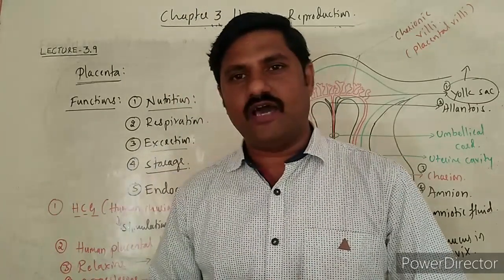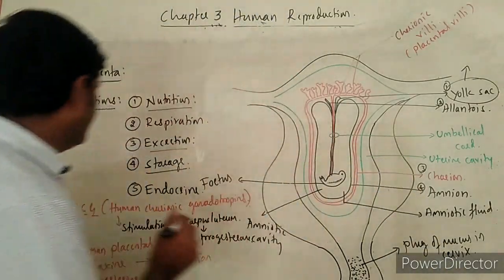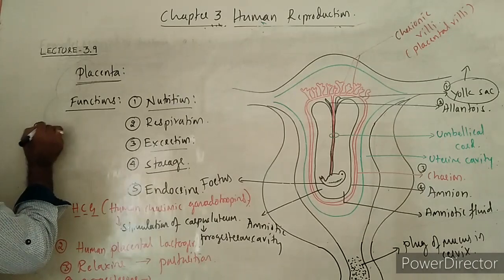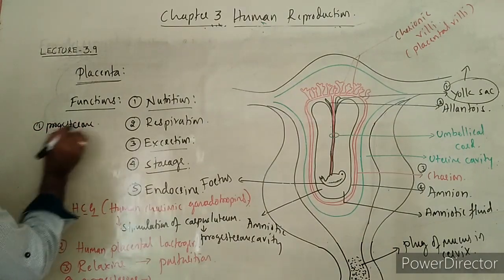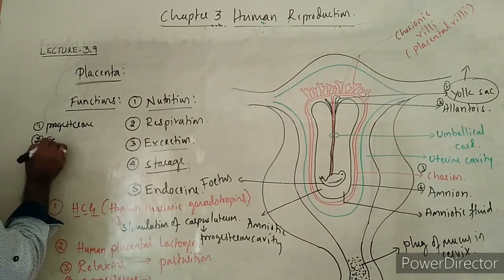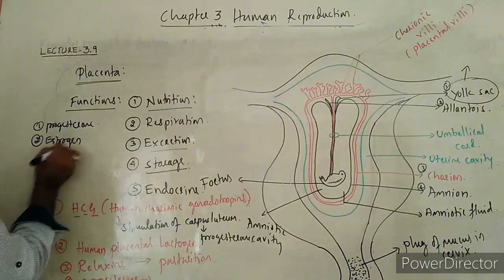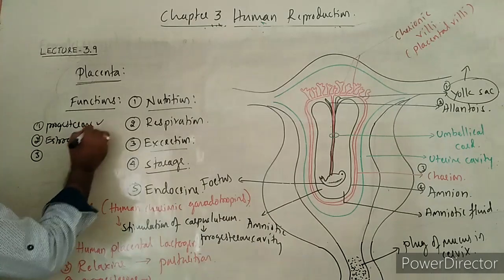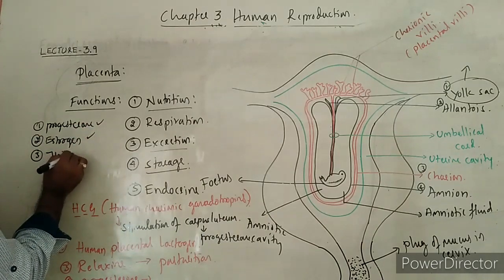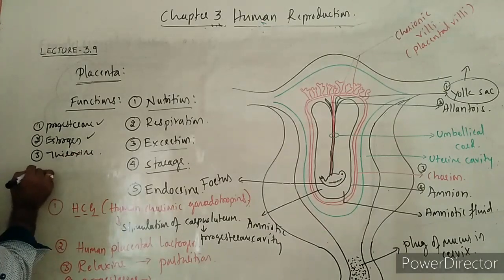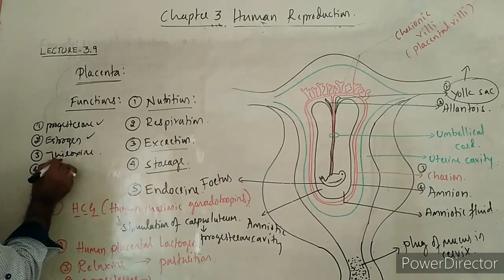First one, remember here, progesterone is also essential, estrogen is also essential, I have already mentioned these two, and thyroxine and prolactin.